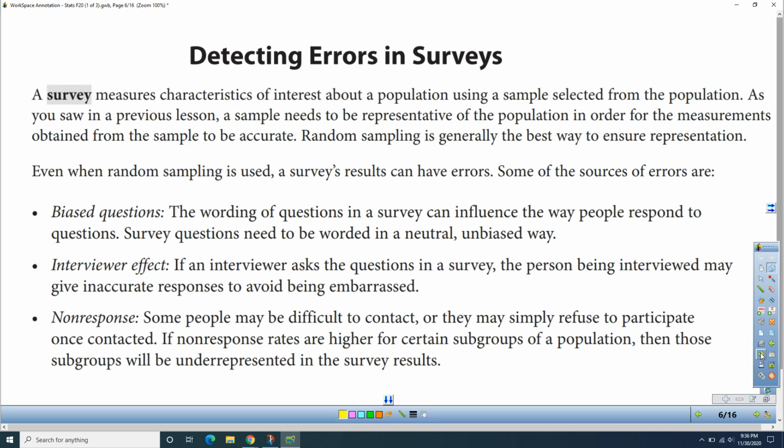How about the interviewer effect? Say, how often do you cheat on tests? Well, if your teacher's asking you that, your answer is going to be, "I never cheat on a test," right? But if you're talking to somebody you feel comfortable with, maybe that number is a little different.